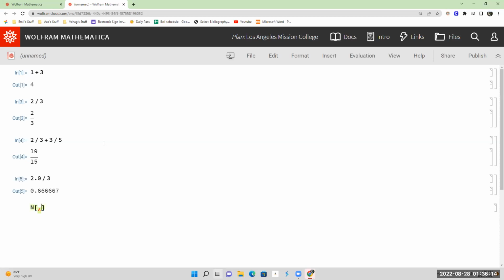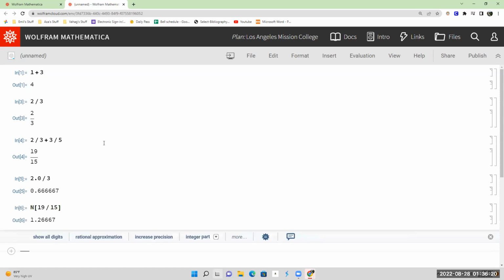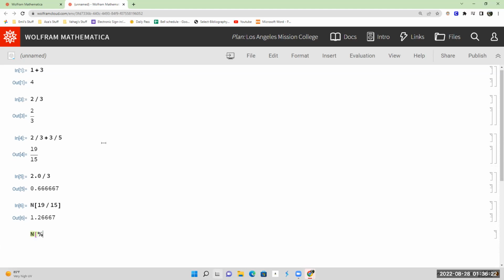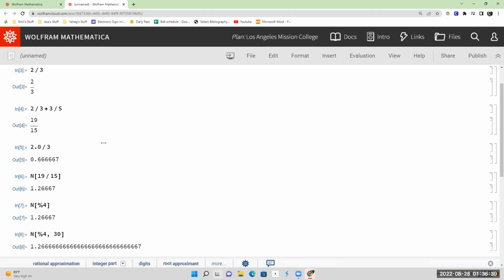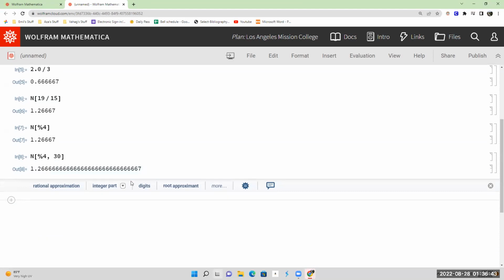And you would just enter the fraction, or in this case, you could just simply enter the fourth output. So you could say N, I want the numerical approximation of the fourth output, and it will evaluate it. You can also specify how many digits you would like. So let's say we want it accurate to 30 digits. It'll give it to us. In this case, we have a repeating decimal, so that was not necessary.